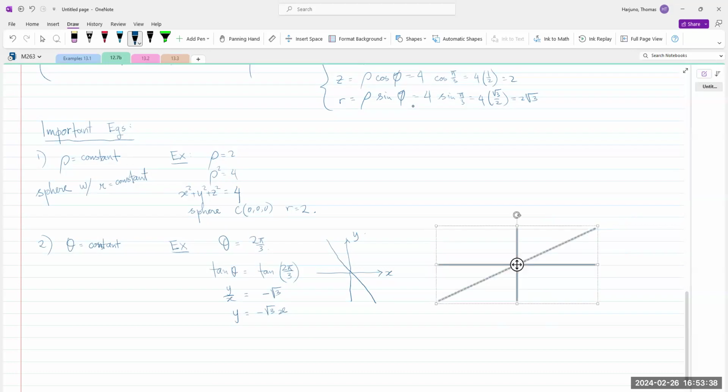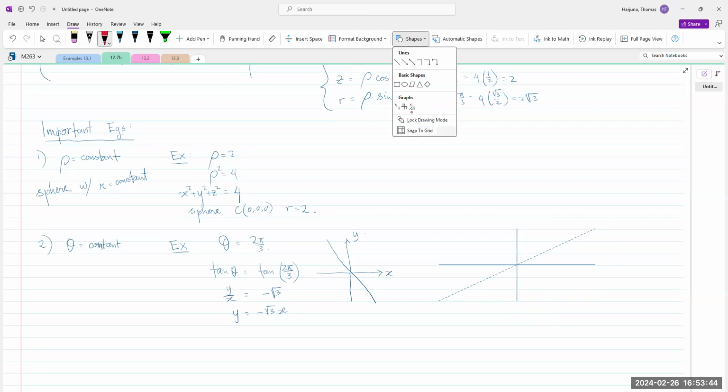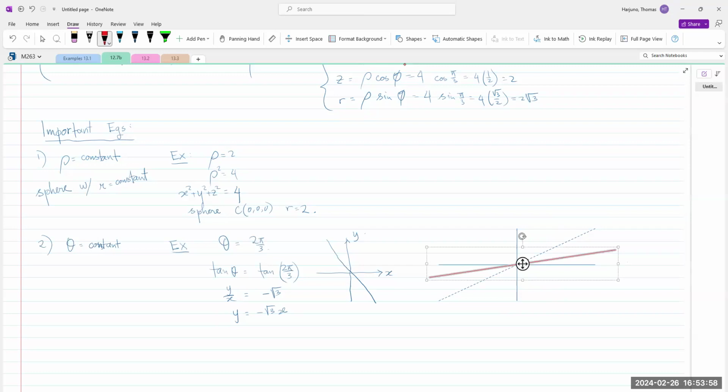It becomes a plane that looks something like this, in which the angle here is 2 pi over 3.